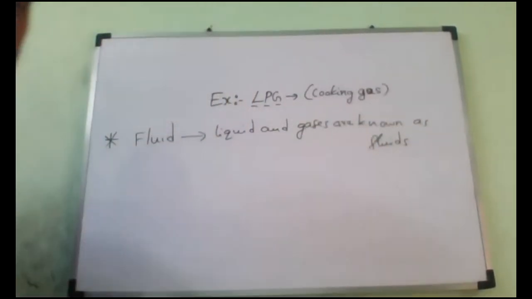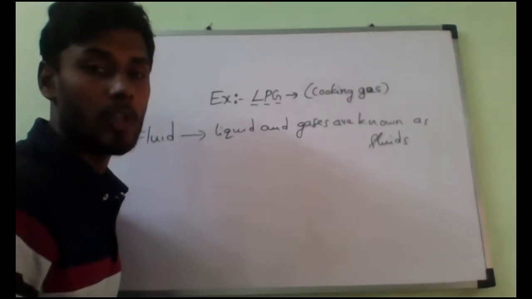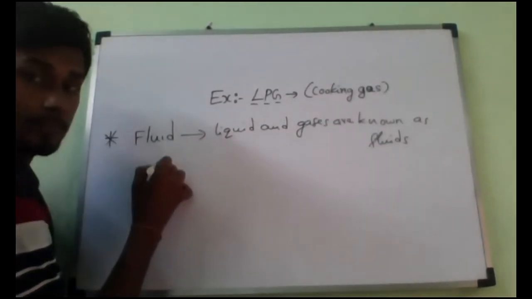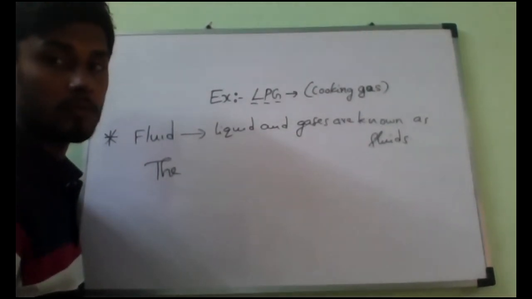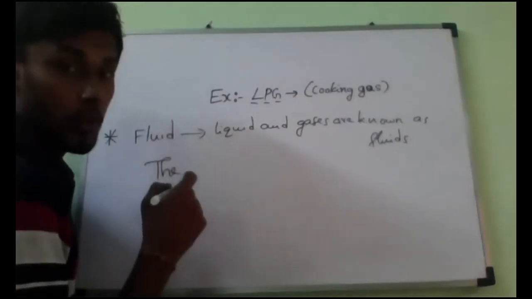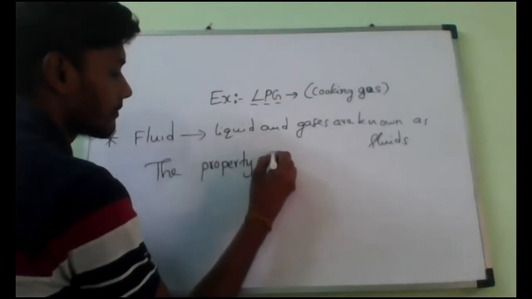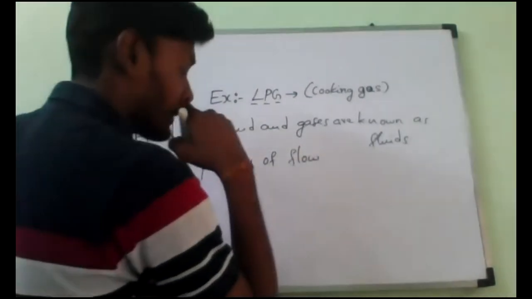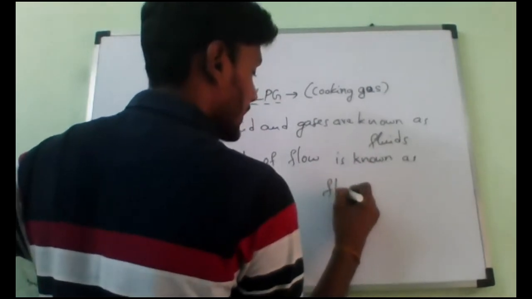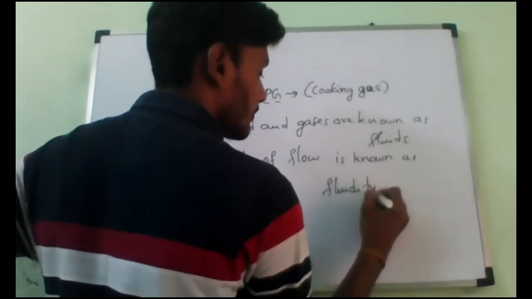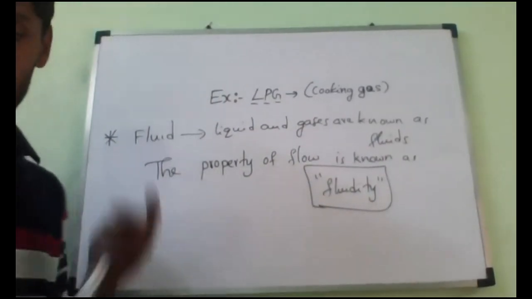So the property of flowing easily, what should we call it? Fluidity. The property of flow is known as fluidity. All of you note it down. Rigidity and fluidity. Any doubt? You can ask.